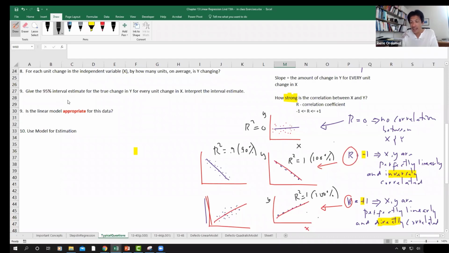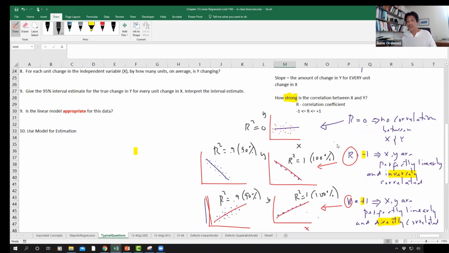Here, same thing: the r squared value will probably be around 0.9 or 90%. We don't have to compute the r and the r squared value by hand because Excel will generate those for us.